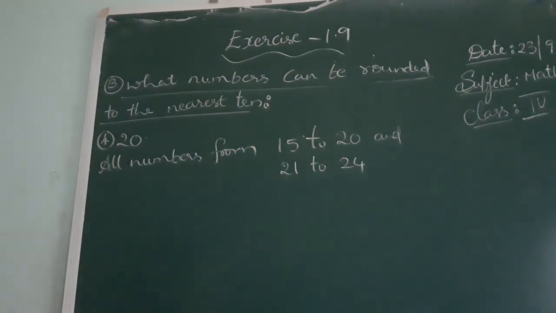Next one. Round the following numbers to the nearest thousands.